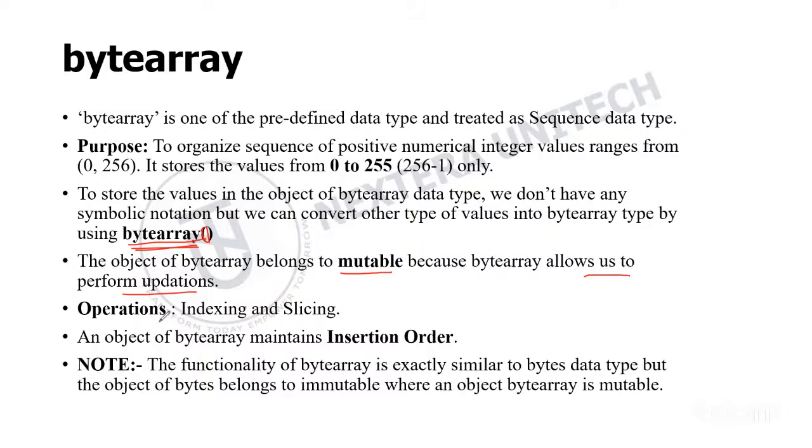The operations which I can perform on byte array are indexing, to obtain a single element or single character, and slicing, to get a substring or a group of characters like 3, 4 at once. If I want, I can use slicing. And the objects in byte array will maintain insertion order. What is insertion order?